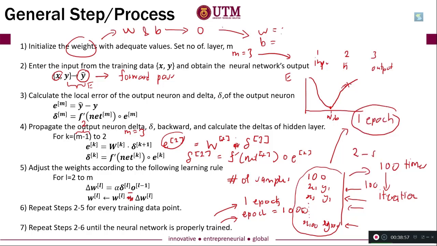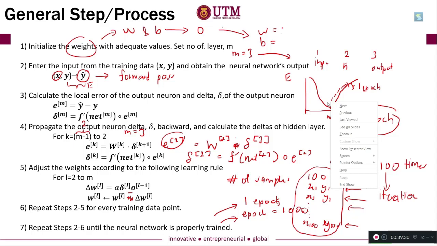Let's assume this represents one epoch. That means after you update your W or B 100 times, that is one epoch, and this is the second epoch, and then third epoch, then fourth epoch, and you will do it up to the 1000th time.